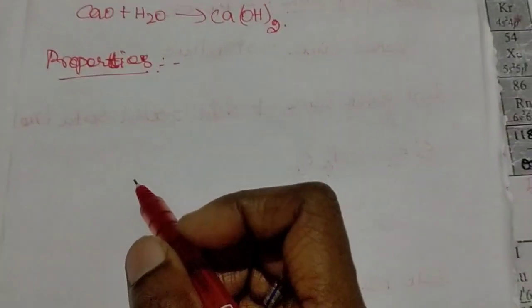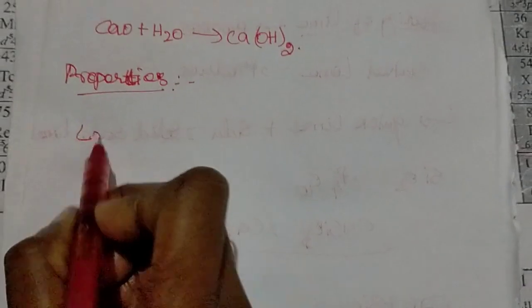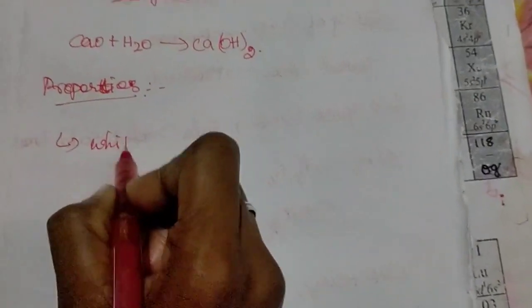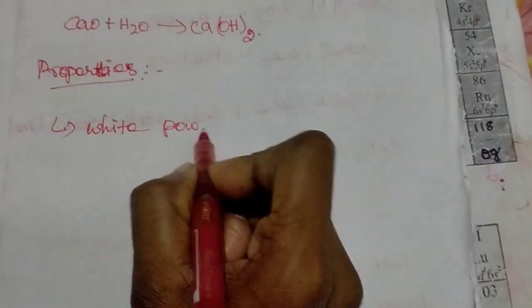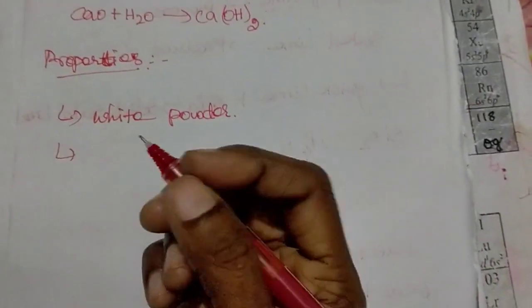This is a white powder. It's not like the previous one, which is a white amorphous solid, but this is a white powder, and this one is sparingly soluble in water.